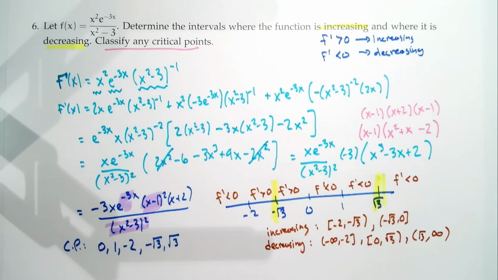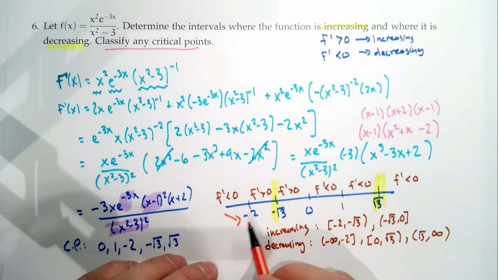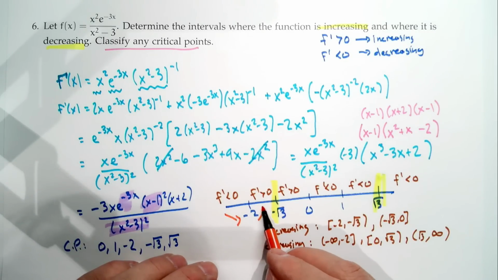So finally, for our classification, we have 3 points which can be classified. Negative root 3 and root 3 aren't classified because they're not part of our function. So how do you classify? The answer is we use the first derivative test, which says look at the behavior on both sides. At negative 2, we are going down, and then we are going up.